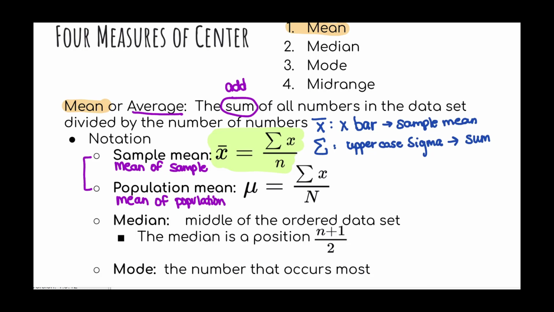So then the next thing in the formula is this X. So X, or later on you might see it this way, X sub i, it represents individual numbers in the data set.